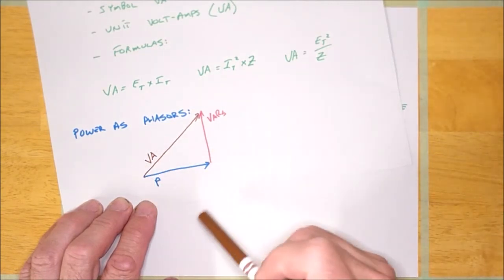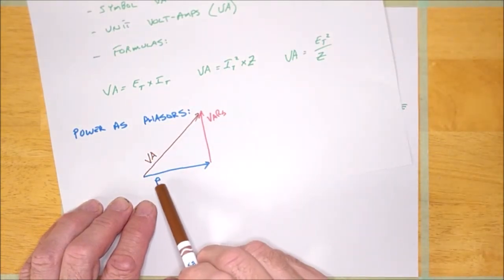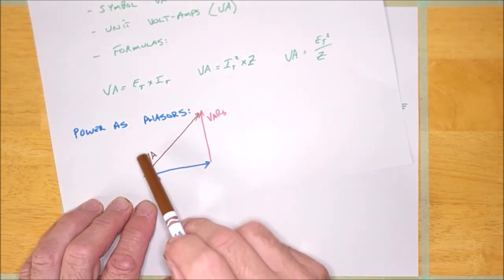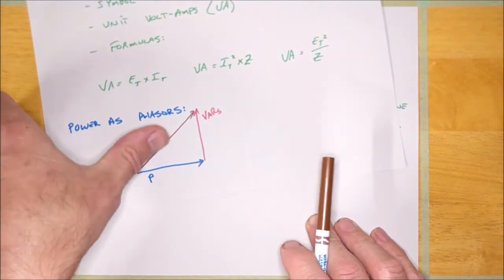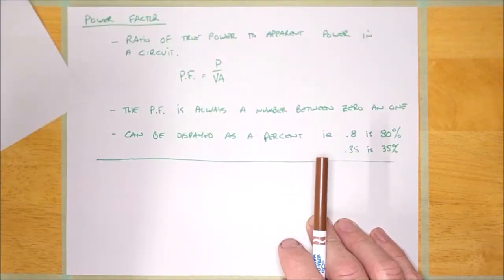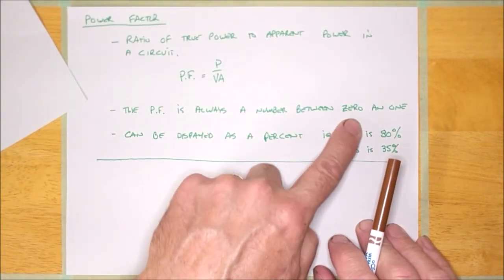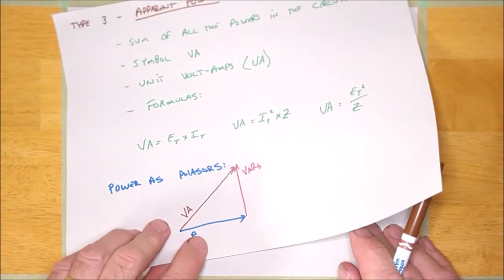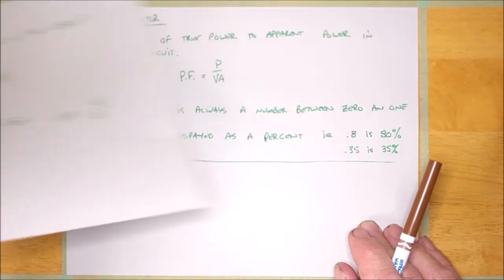And so you can always calculate the power factor of a circuit by taking the true power and dividing it by the apparent power. It's going to result in a number between 0 and 1, right? You're never going to have a power factor that's more than 1, because your power is always going to be less than your VA.